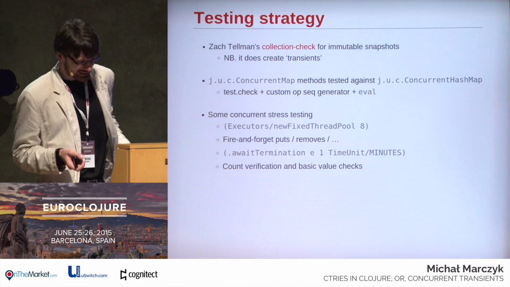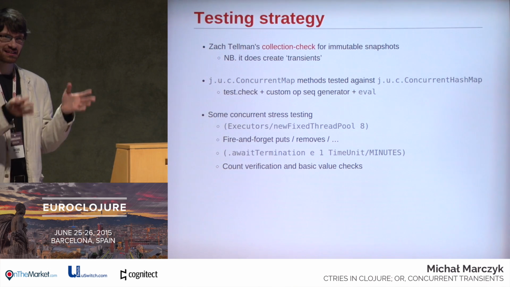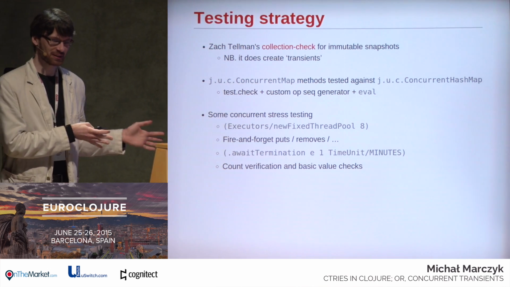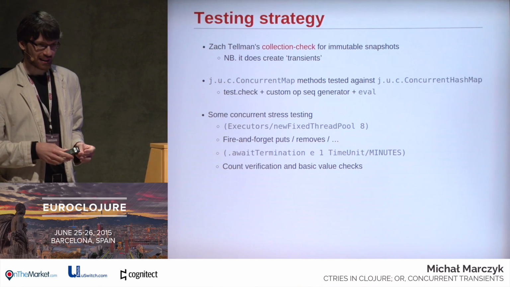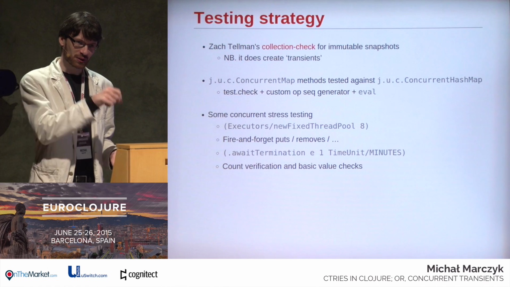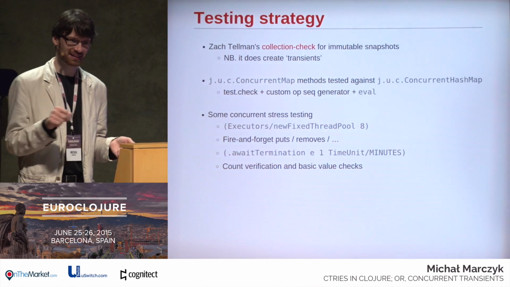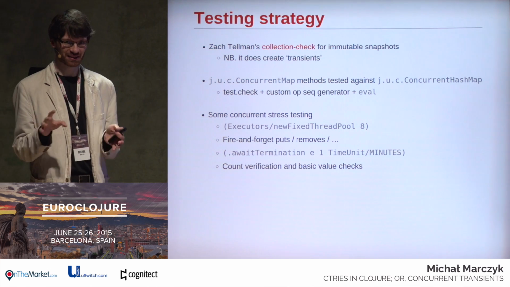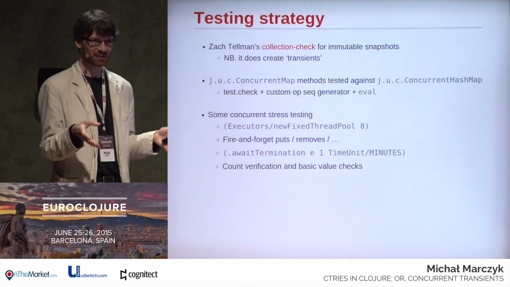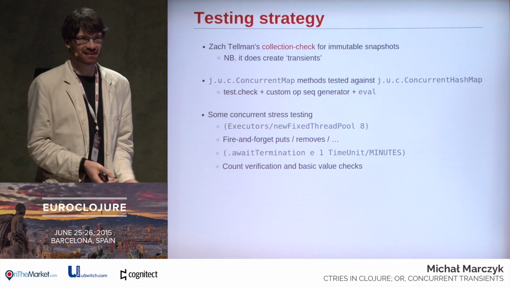Okay, and this, I would say, concludes the ctries.clj cheat sheet section of my talk. What I shall proceed to do now is scribble a ton of notes in the margins of this cheat sheet, describing various internal details which nobody is ever likely to need to know about when using these data structures. But it's really the whole point.